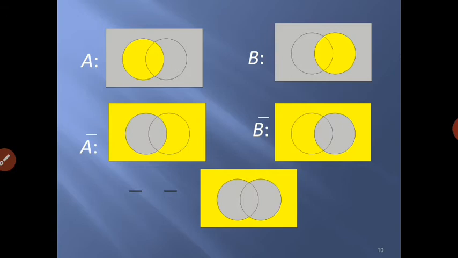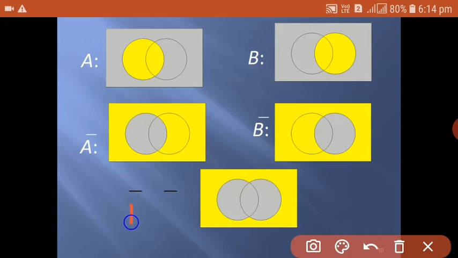Next, this will be the Venn diagram for A bar intersection B bar, which is equal to A bar into B bar.